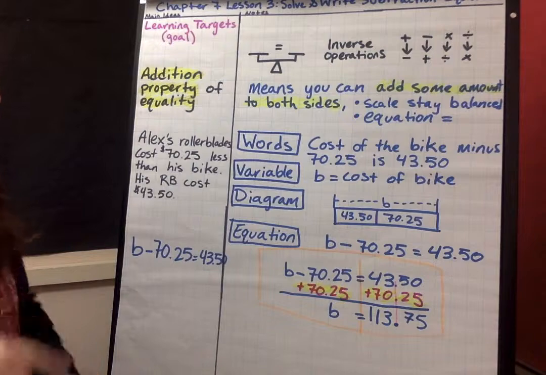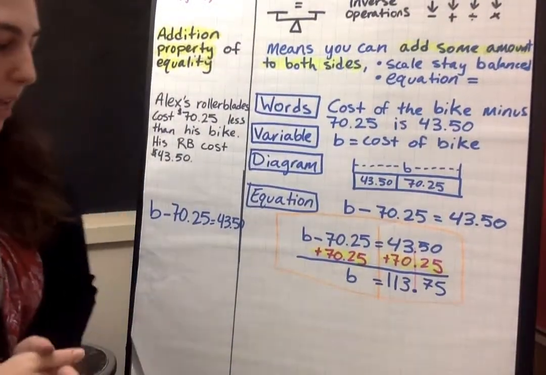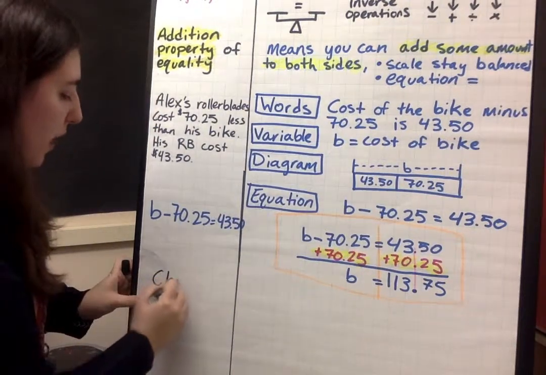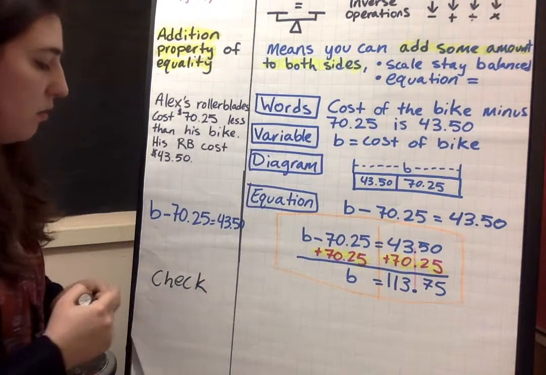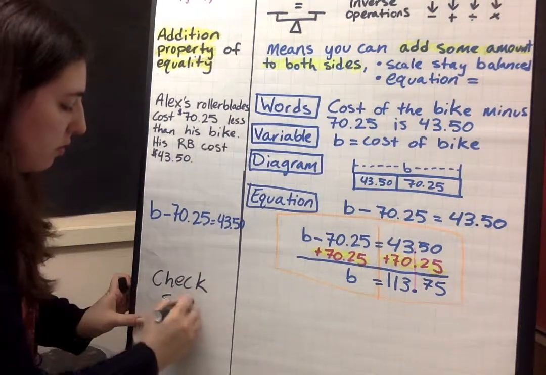All right, very last thing I want to show you guys is how to do your check, okay? So we always need to do our check to make sure we got the answer right. So in our check, we're going to check the solution.